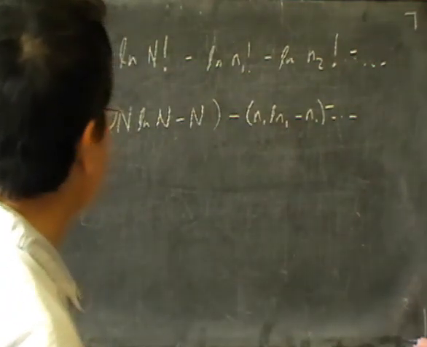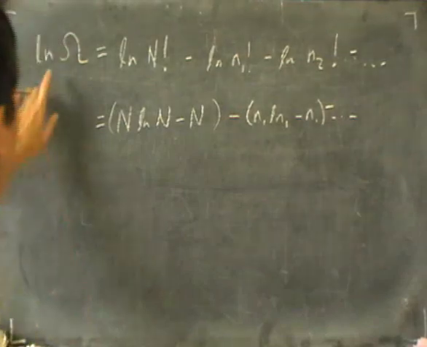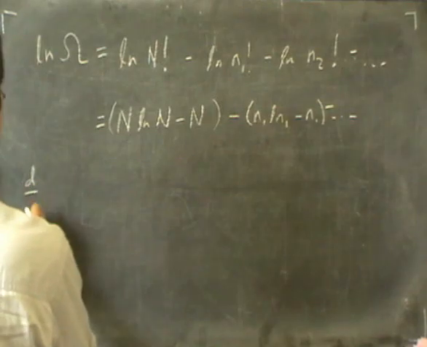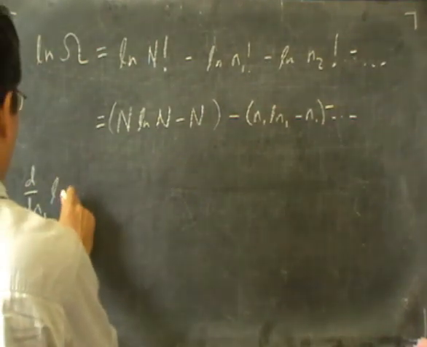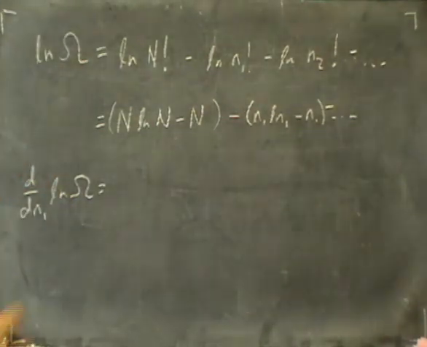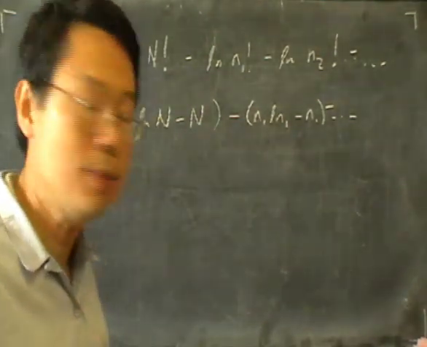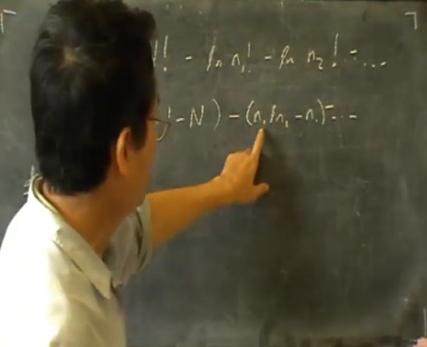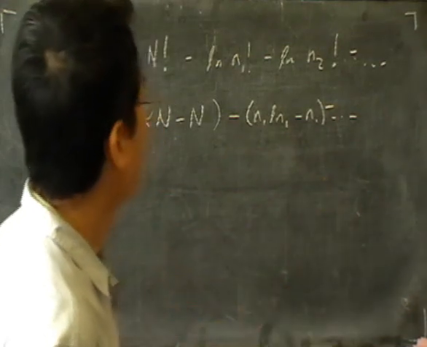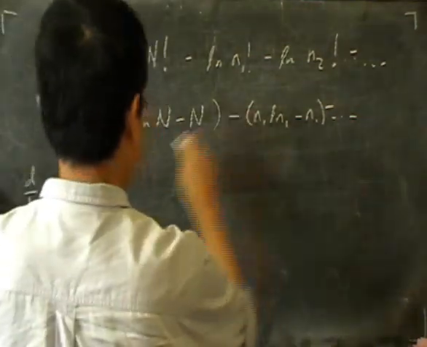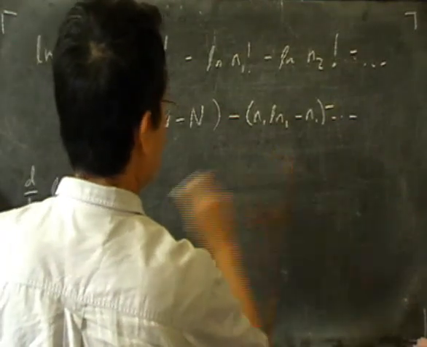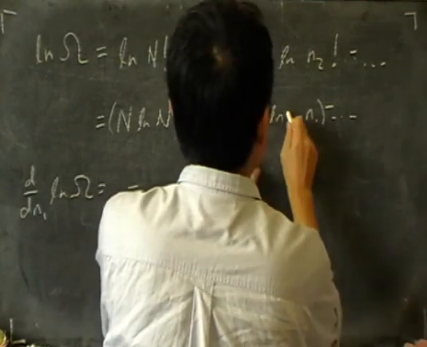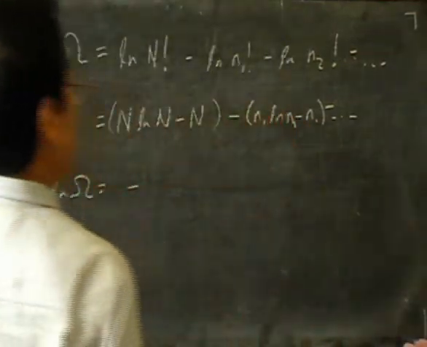While we are here, let's find the derivative of log omega as well. So d by dn1 of log omega. Now big N here is a constant, so that becomes 0 when I differentiate. Let's differentiate the rest. I have a minus here, and then n1 log n1.